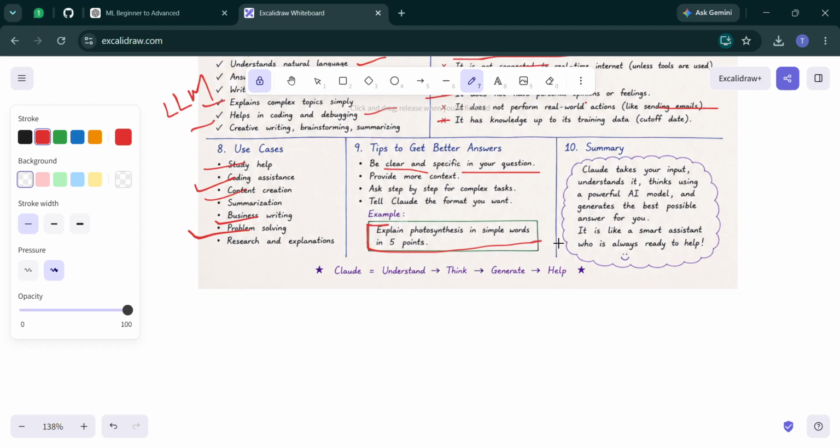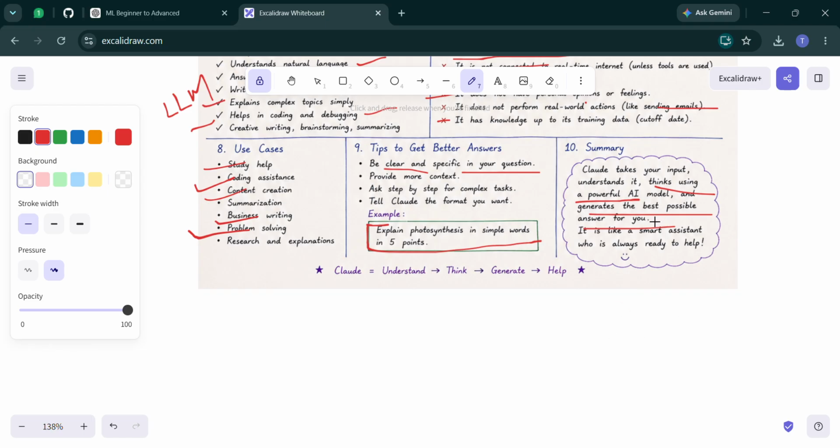Here is the final summary. Claude takes your input, understands it using powerful AI models, and generates the best possible answer for you. It is like a smart assistant who is always ready to help. Claude is an AI assistant created by Anthropic.